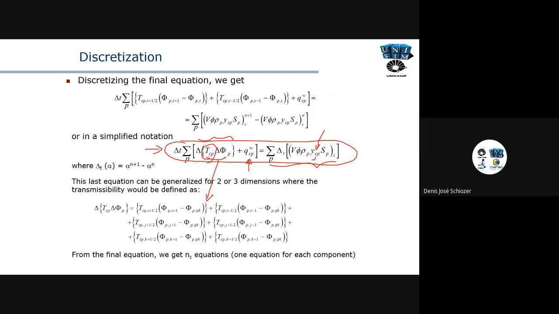So here's the transmissibility multiplied by the difference in potential between the two blocks. So if you had two blocks and we have a difference in potential, they are going to move from one block to another, according to the difference in potential we have between these two blocks, and according to the transmissibility between these two blocks, okay?